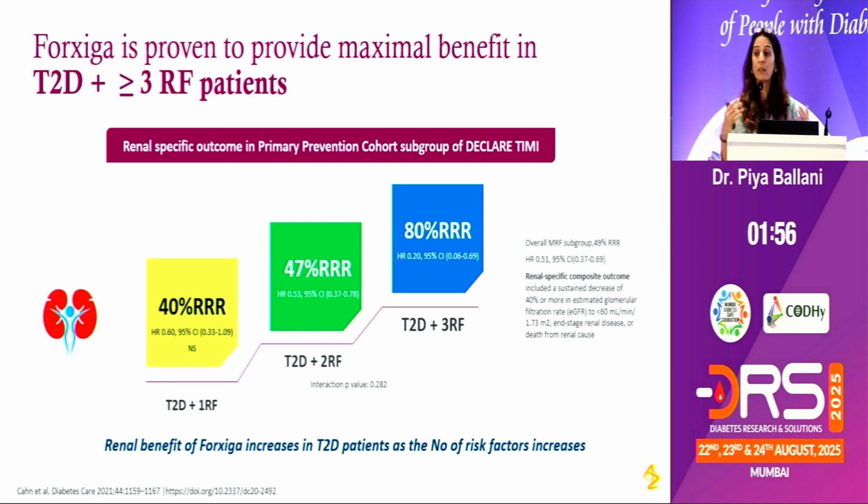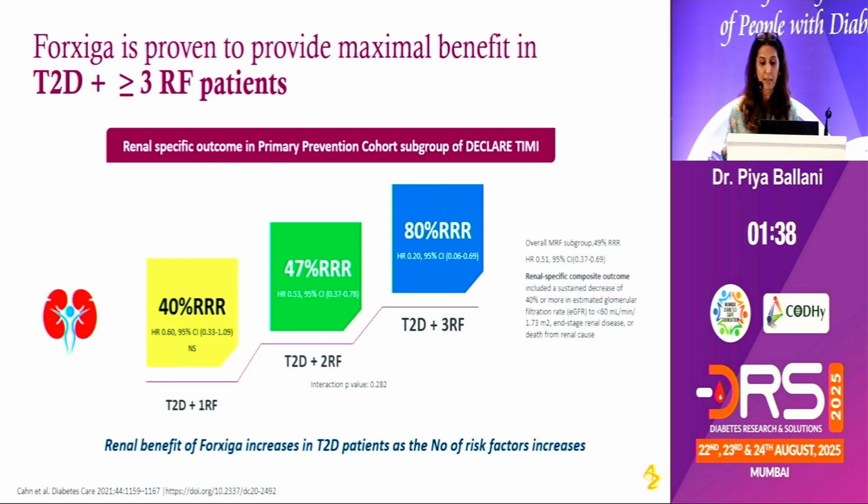So the greater the number of risk factors, the greater was the risk reduction. So imagine for this kind of subset, type 2 diabetes with 3 risk factors, an 80% relative risk reduction when it came to renal specific outcomes for a primary prevention cohort.